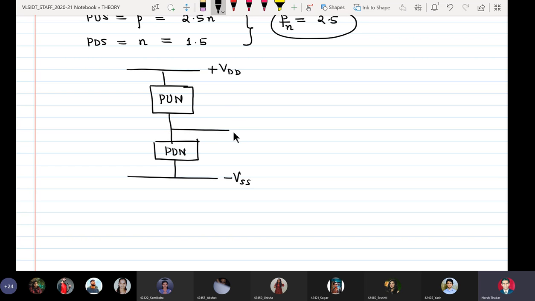The intersection between the pull-up network and pull-down network is my output Y, and whatever inputs I give to the pull-up network must also be given to the pull-down network.